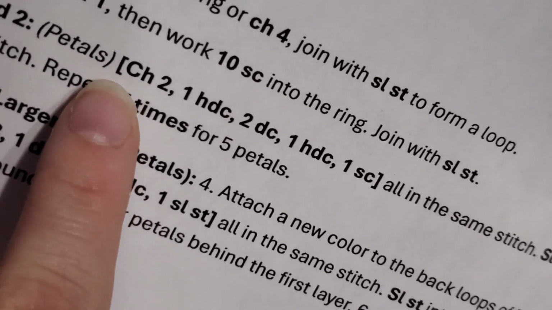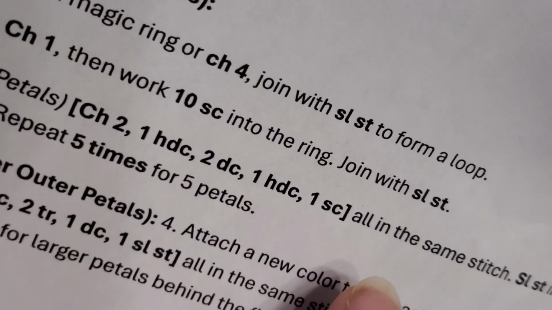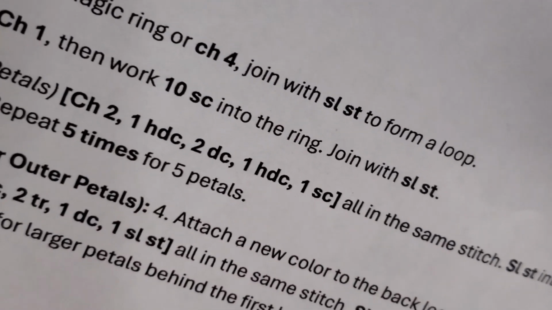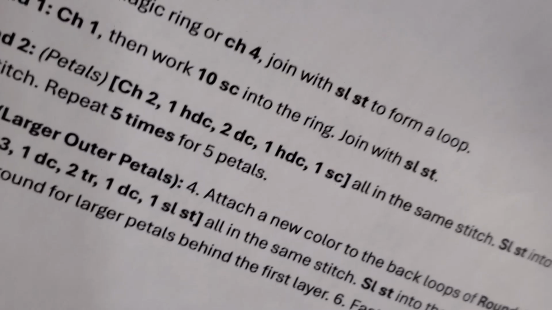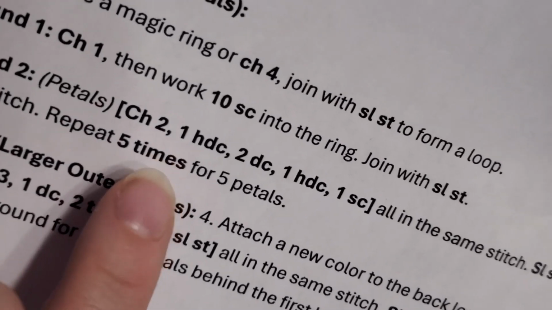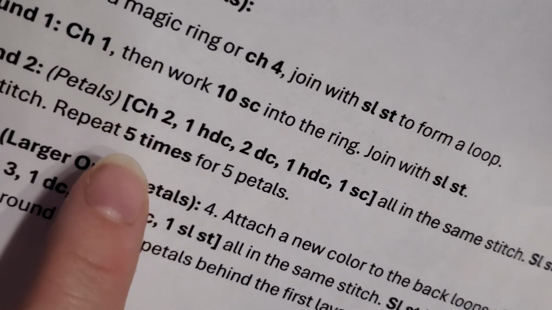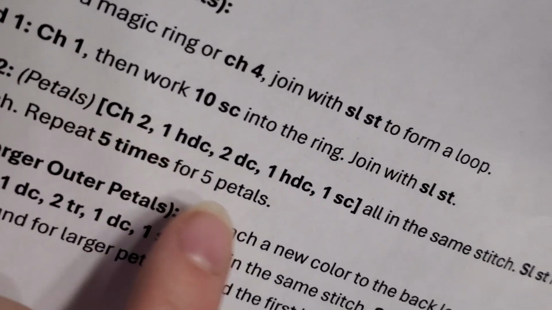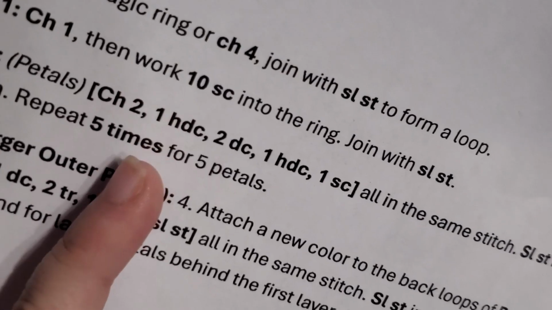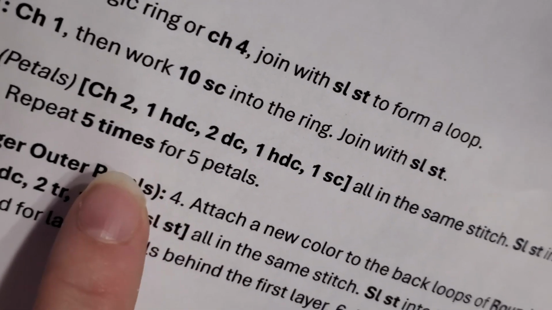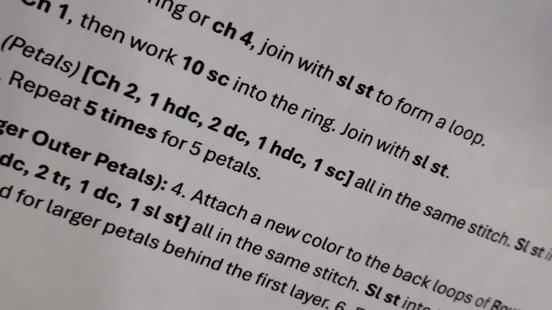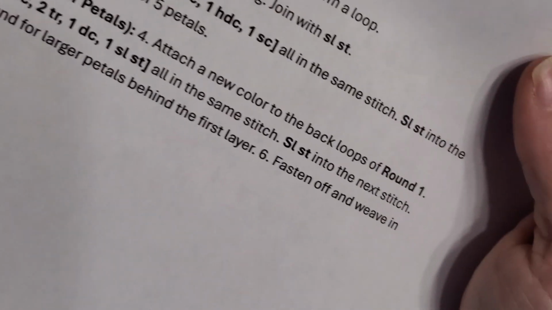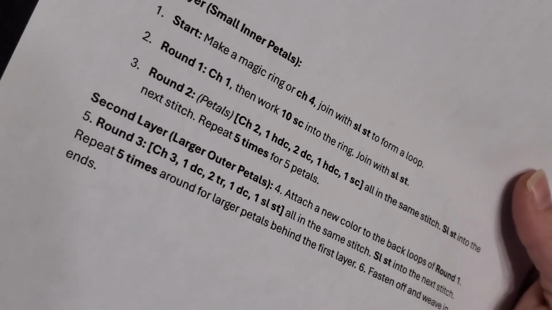Sometimes it will have the brackets, the things inside the brackets, and then 5 times or whatever, depending. But if they didn't want us to chain 2 every single petal, they would have left that out of that bracket. So that's pretty much it. That is the basic parts of it.